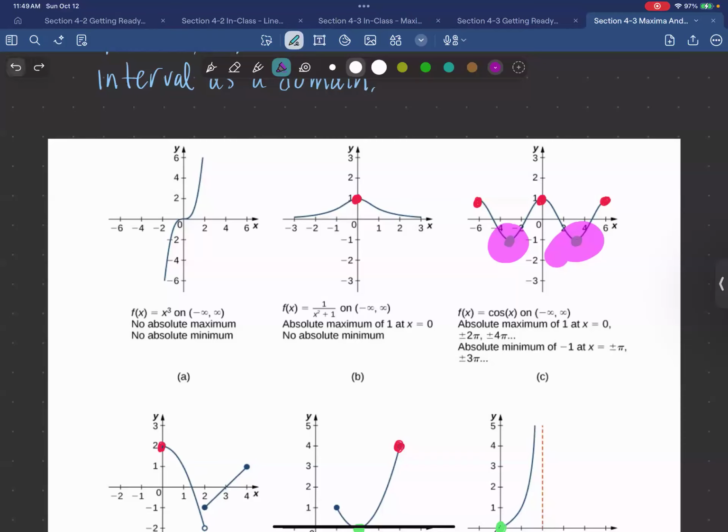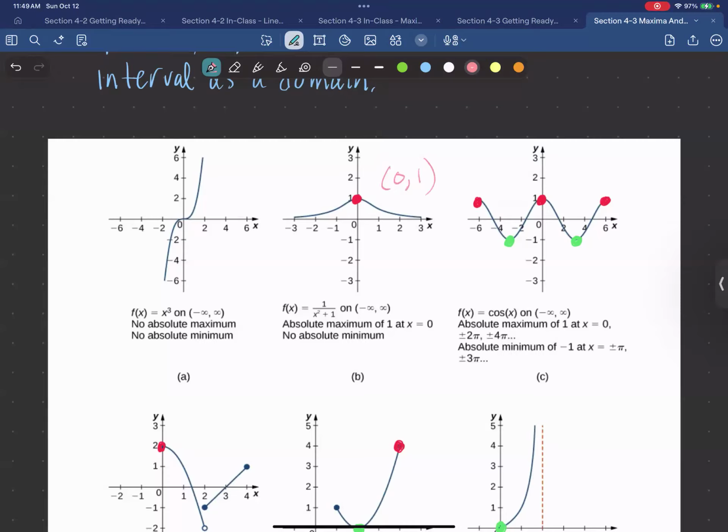If you're ever confused about how we phrase it, notice the wording here: absolute maximum of 1 at x equals 0 on this graph. So we don't say this point, 0, comma 1, is the absolute max.